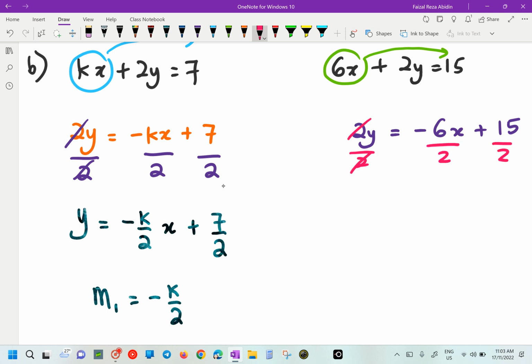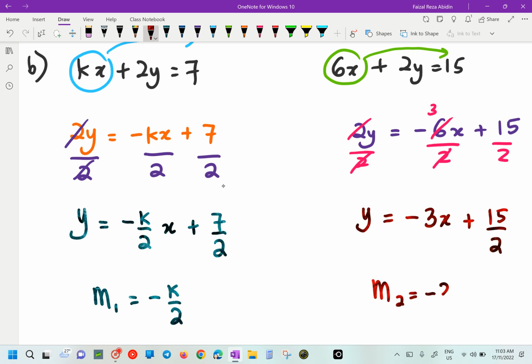So 2 and 6, 3, and 15 over 2 just leave it there. So you are going to get y equals negative 3x plus 15 over 2. Where's your gradient? Yes, our gradient here is negative 3.